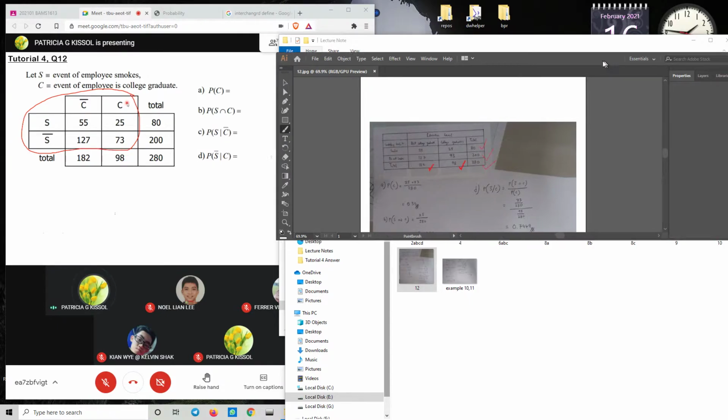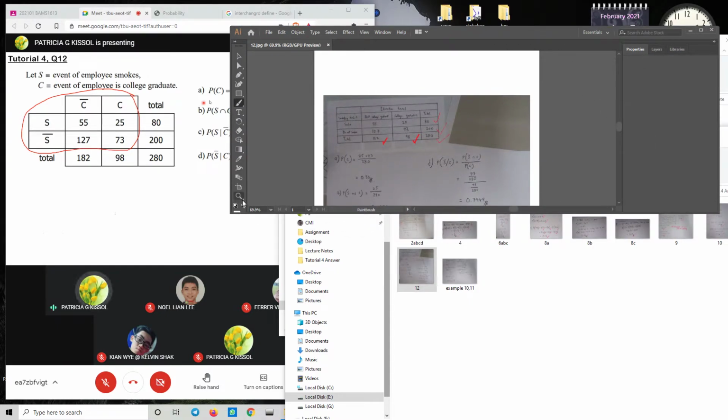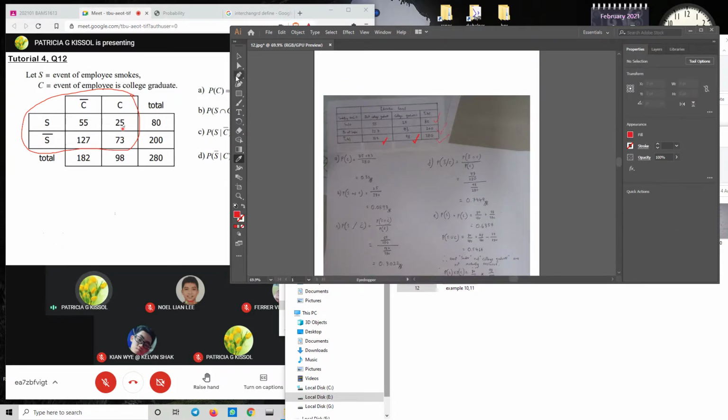Because we want the probability of college graduate, you just have to total 25 plus 73, which is 98, and divide it by the grand total, which is 280. So that gives you 0.35.